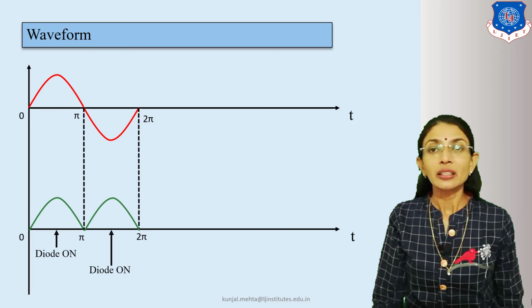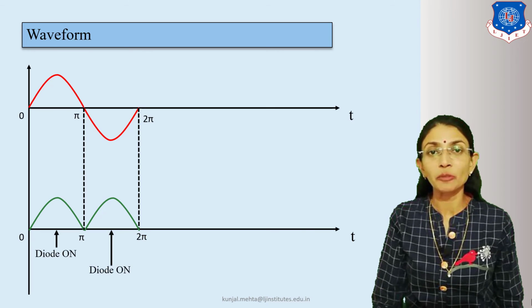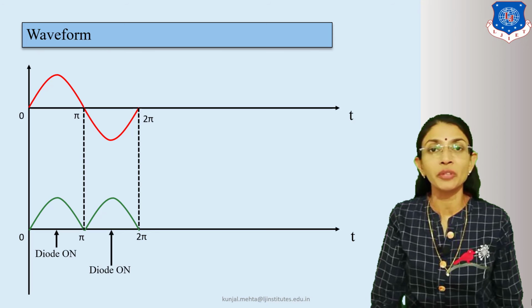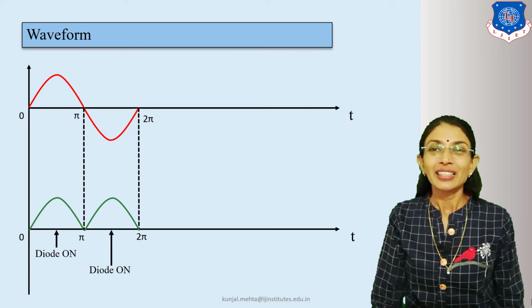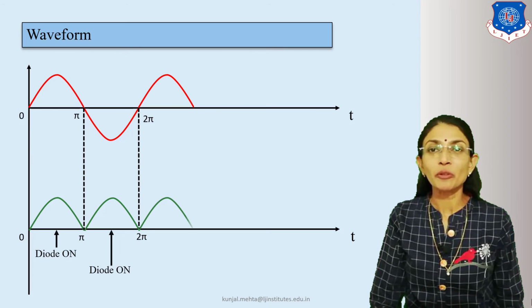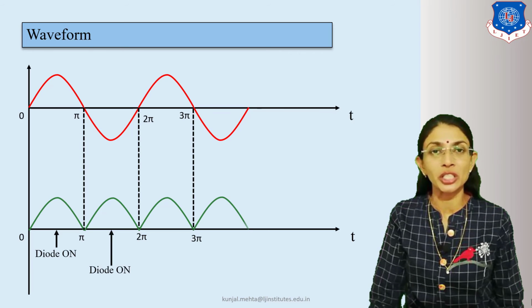So in any half cycle of the input, one diode will be conducting, so we can say it is forward biased, and we will get the output across RL, and it will always be positive, because current flows through the load resistance always from plus to minus, from top to bottom. Thus, these are the final waveforms for the full wave rectifier. In positive or negative half cycle of the input, we will always have positive half cycles at the output.